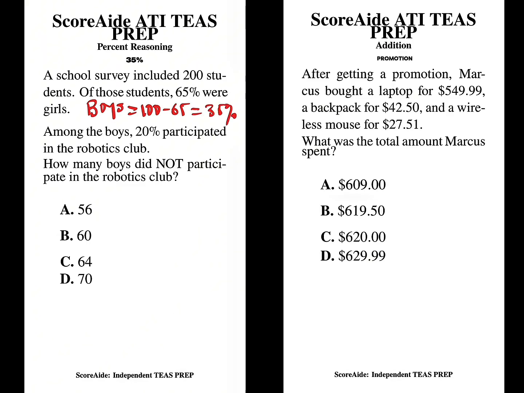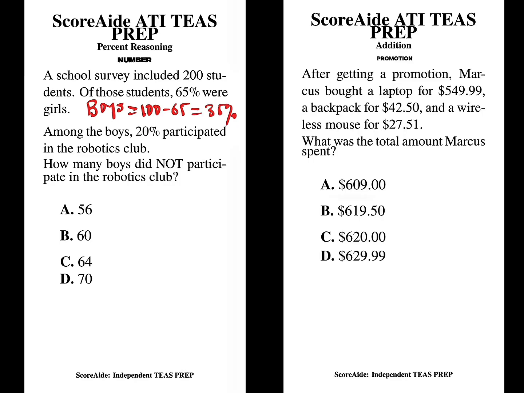So boys were 35% before I even continue reading what is down. Among those boys, 20% participated in robotics club, right? How many boys did not participate in robotics club?